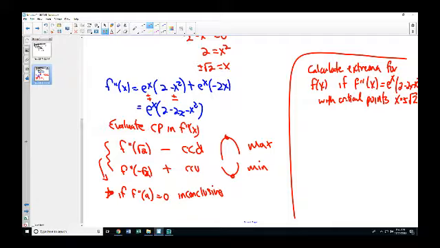So you're not even given f of x, you're given the second derivative and the critical points. All you're doing is this step right here at the bottom. Fortunately, you don't have to calculate the derivative or anything. You're given the critical values, plug them into the second derivative and see if you have min or max.